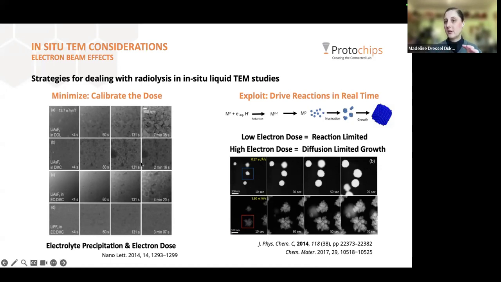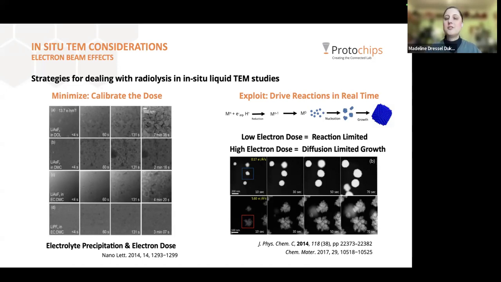So they calibrate their electrolyte, or the solution that they're going to work in, by exposing it to a dose range and determining what's the minimum acceptable dose. And then they have to work in their experiment and stay under that dose level.